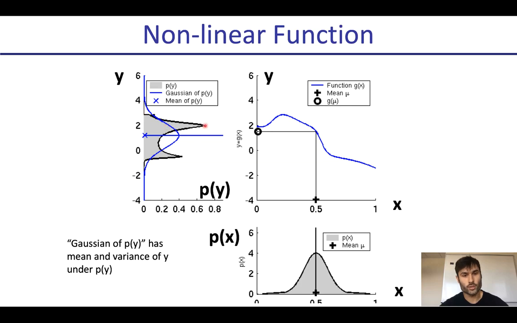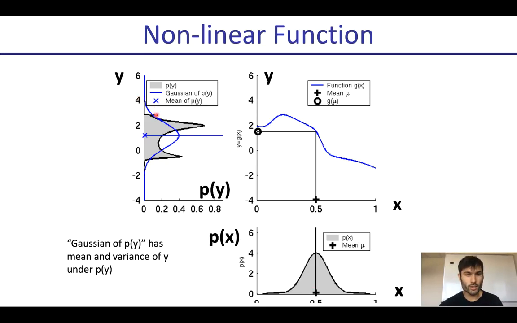Here we see that there are two modes that appear. So the probability distribution that you get by passing a Gaussian through a nonlinear function can be arbitrary, and it's very hard to determine and compute the underlying distribution that appears when you pass Gaussians through nonlinear functions.